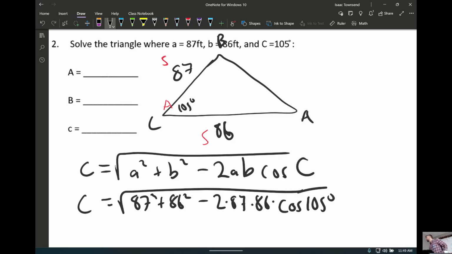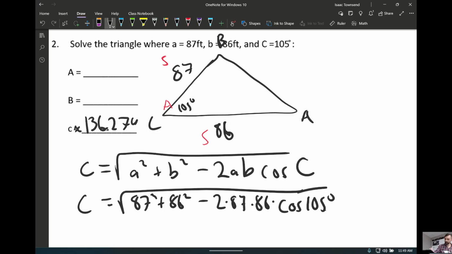Assuming that you plug those numbers in the way the formula tells you to, and assuming your calculator's in degree mode, because this is 105 degrees, you should be able to just type it in. Hit enter, and you have side C at that point.